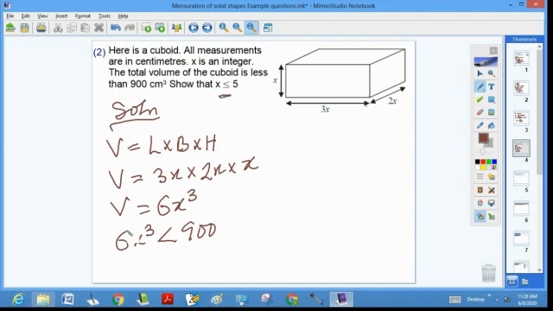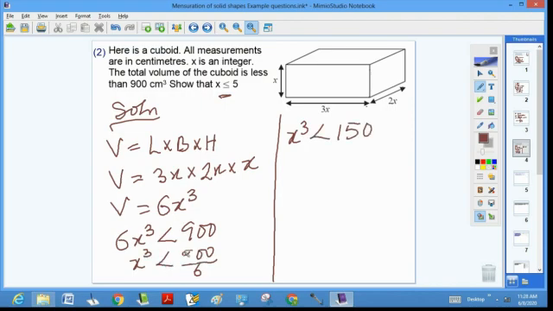Now from here we have that x cubed is less than 900 divided by 6, by dividing both sides by 6, and that will give us that x cubed is less than 150. Yes, because 900 divided by 6 will give you 150.